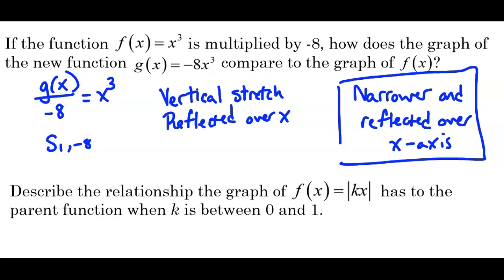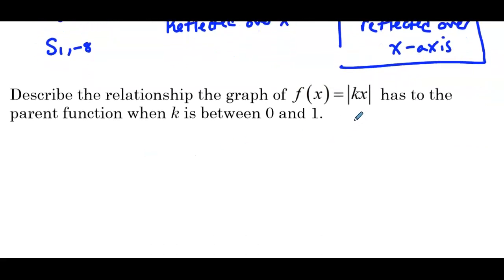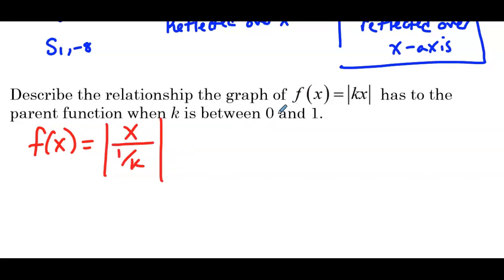And then lastly, describe the relationship the graph of f of x equals the absolute value of kx has to the parent function when k is between 0 and 1. So if we rewrite this, we'd have f of x equals the absolute value of x over 1 over k. Okay, so if k is between 0 and 1, that means 1 over k is greater than 1.